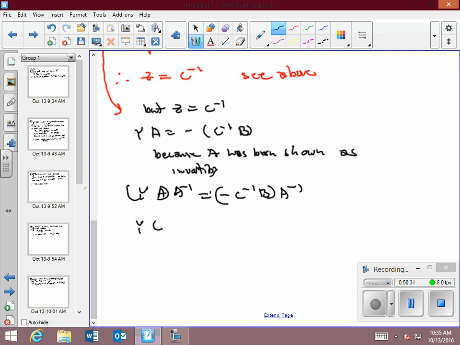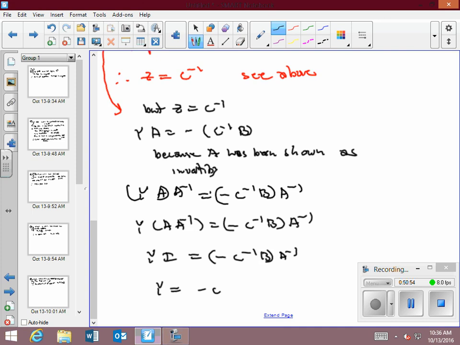But then you can do A inverse, YI. So Y equals negative C invert B A invert. And so this is showing Y in terms of ABC. This is showing Z in terms of ABC.